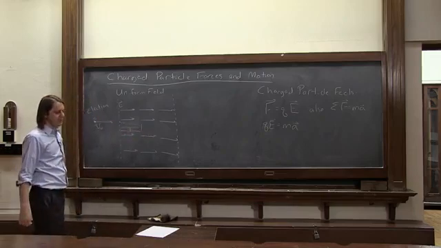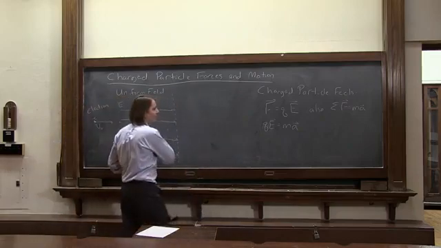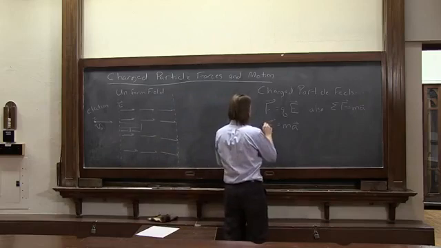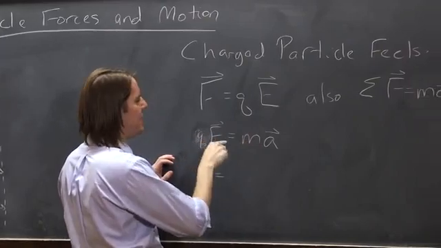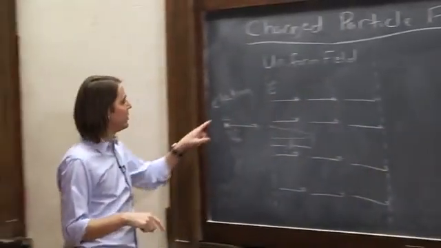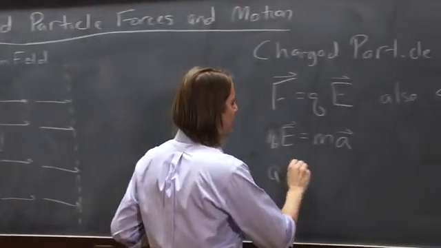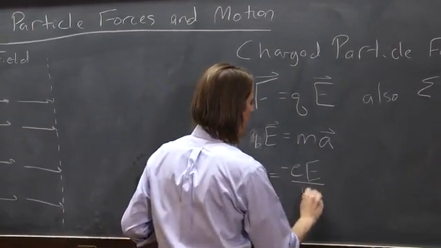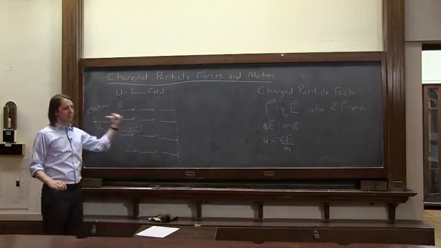Everything is in the i-hat direction. The acceleration is QE over m, but Q is the charge of the electron, which is minus e, the fundamental charge unit. So it's minus e, times the magnitude of the field, E, over m. That's the acceleration, and negative means it's pushing back.